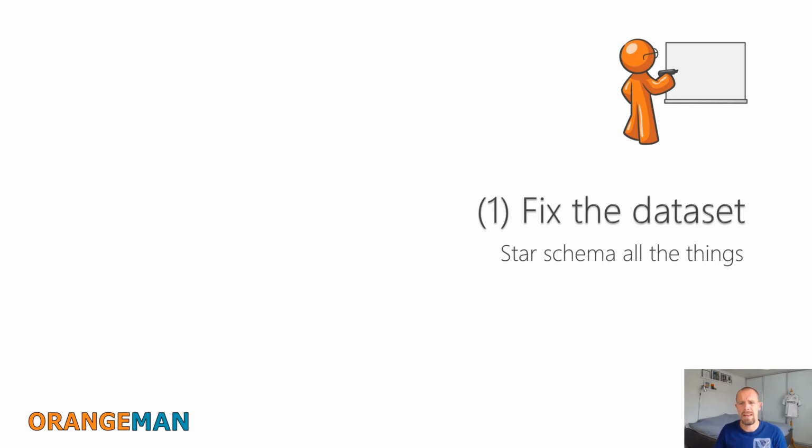Yeah, and then to the 5 different steps that we can go through from taking a solution from self-service to an IT managed or enterprise BI solution. And it is around star schema, all the things.